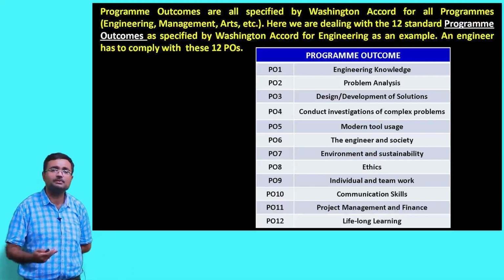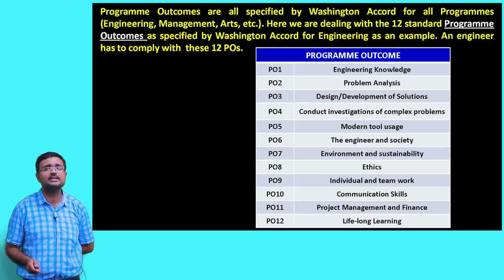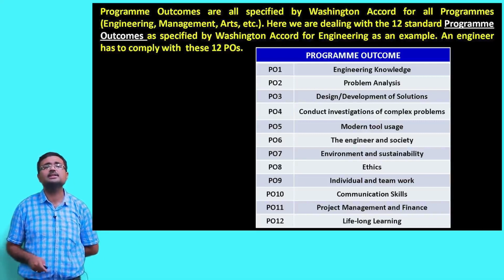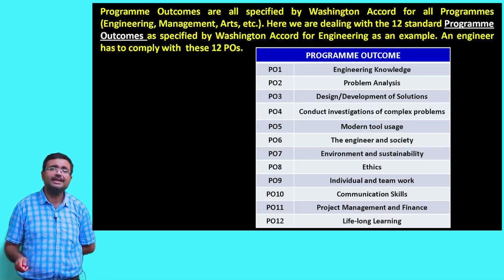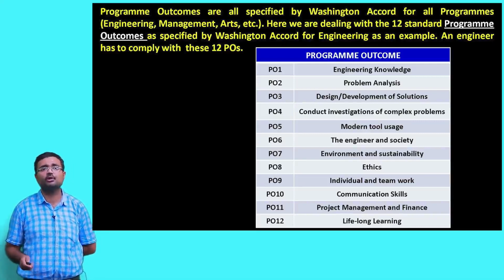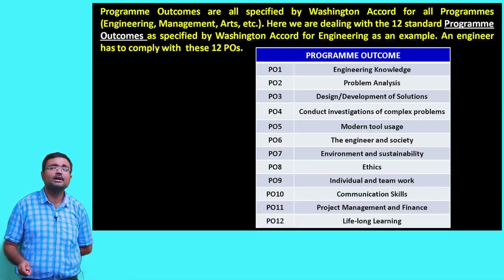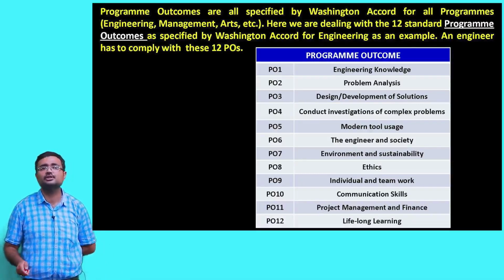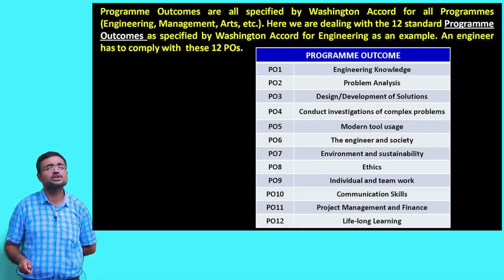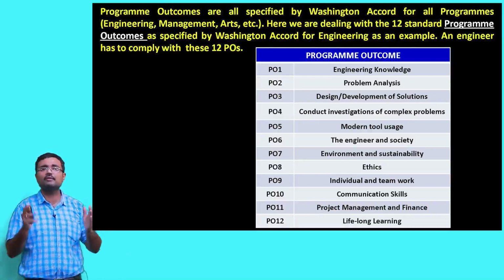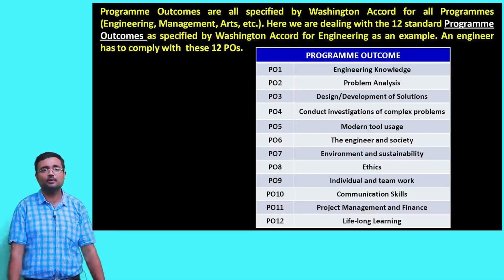An engineer should always be aware of what is needed by the society, aware of environment and sustainability, and be very ethical; ethics of engineering must be followed. He should be able to do individual work and teamwork, have communication skills, project management and finance skills, and the power of learning lifelong. His learning should never stop. Lifelong, he or she should keep on learning. These are the 12 outcomes of the engineering program.